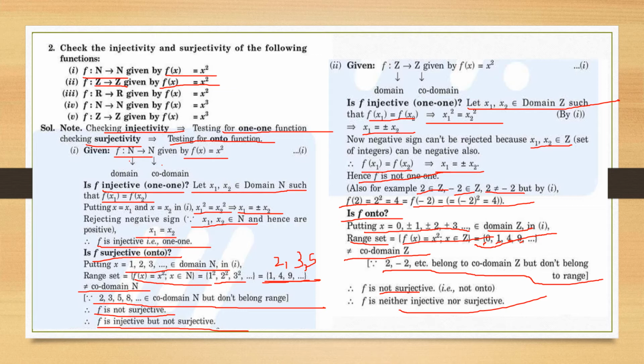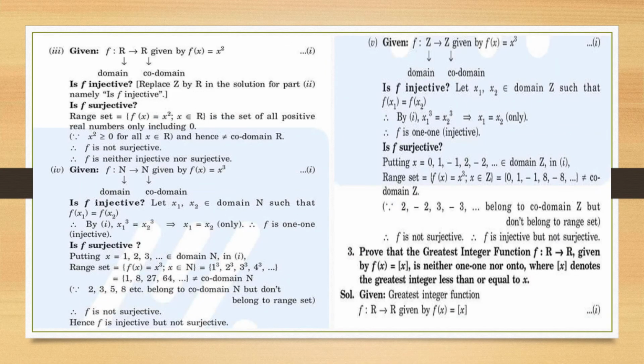Next, f is mapping from R to R, real to real, f(x) = x². Is f injective? No, because the same thing we have done in the second part follows here. You will get x1 = ± x2.